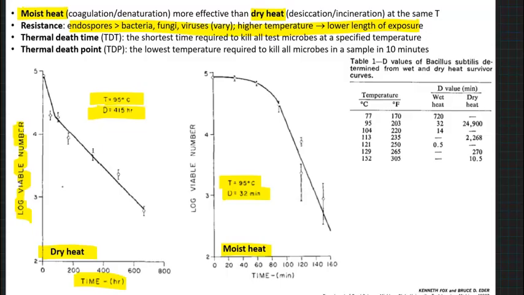Okay? Now, two more parameters. Thermal death time. Okay? So the time that's required to kill all the microbes at a certain temperature. And thermal death point, which is the lowest temperature that can kill all the microbes in the sample in 10 minutes.